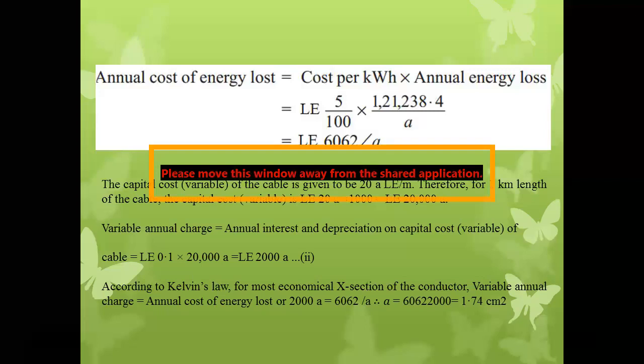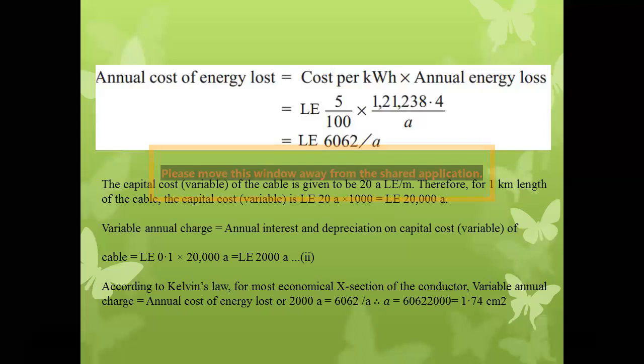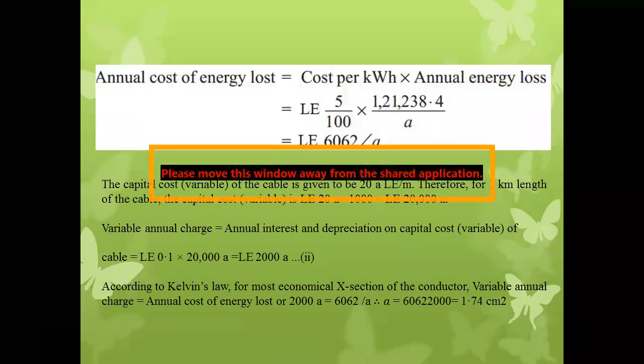So the capital cost of the cable for 1 kilometer length will be 20 into A per meter, converted, that is LE 20,000 into A.